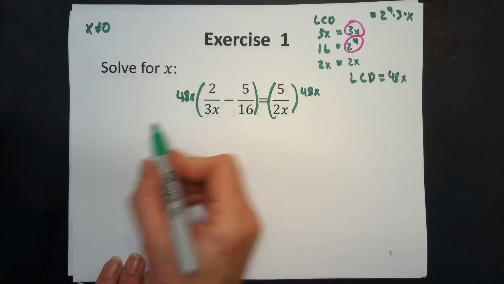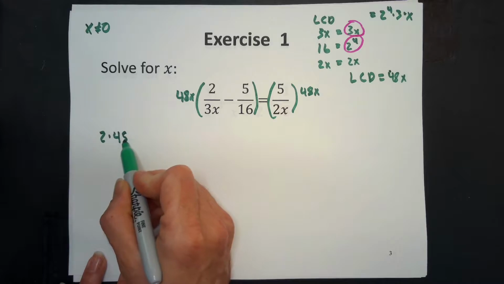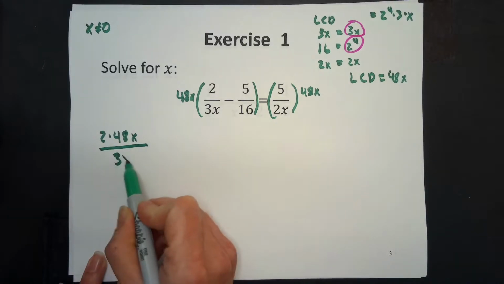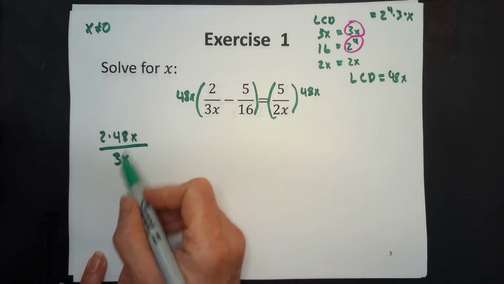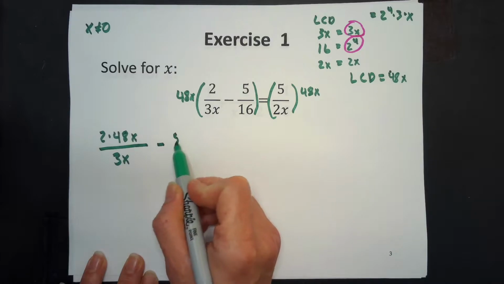All right, so now that I do that, I'm going to get 2 times 48. I don't want to cancel the 2 yet. And like I said, sometimes it might be easier to leave it as prime factorization so you can see those 3's canceled. Maybe that's easier for you. It's a personal call.